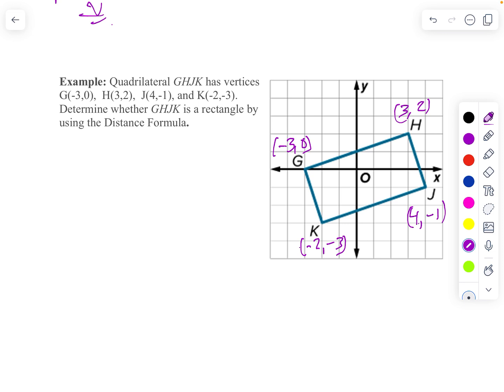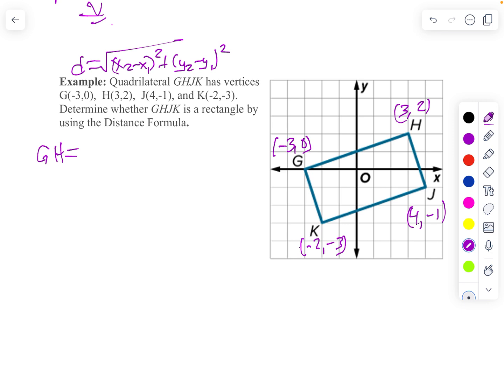Just like we did in the last one, first you've got to show it's a parallelogram. So let's find the distance from G to H. We're going to use our distance formula. Remember our distance formula? Subtract the x's and square them. Subtract the y's and square them.